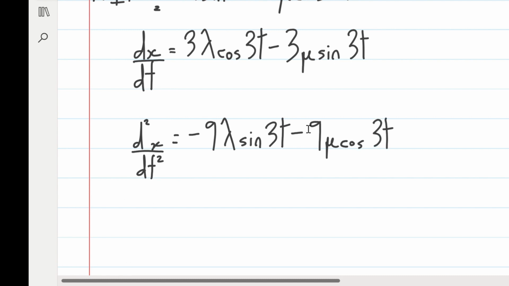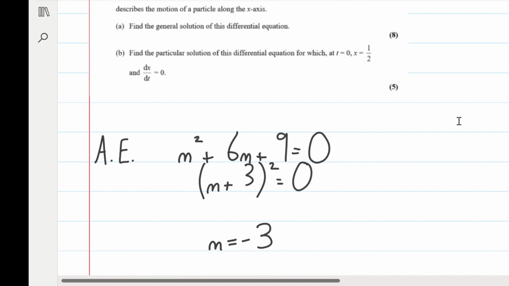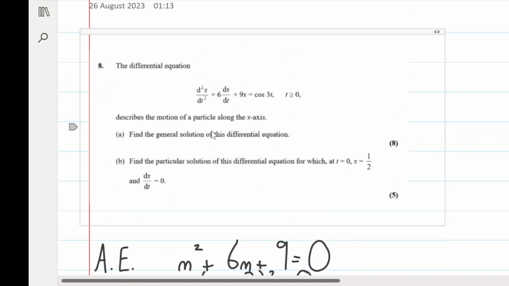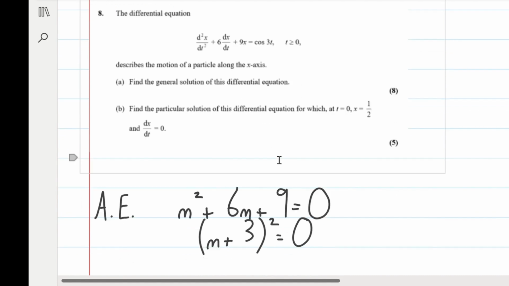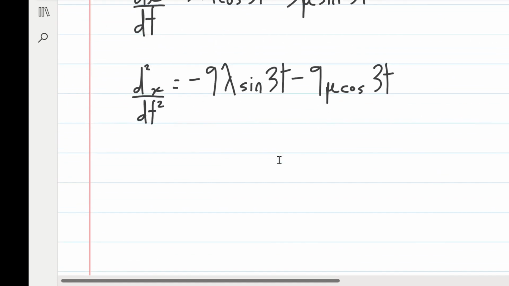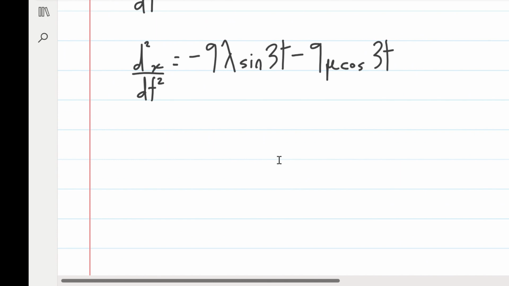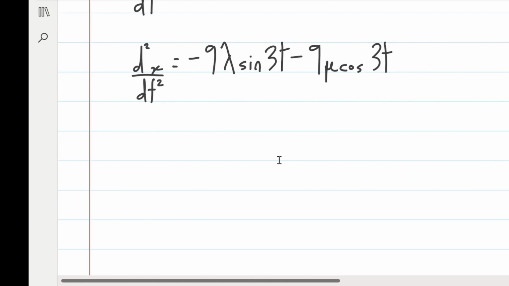So now we have to sub these in, and then we're going to have a left hand side, and then we're going to have it equal to the cosine 3t, and then we're going to solve for lambda and mu. So because it had d squared x by dt squared, we're going to write that first here as minus 9 lambda sine 3t minus 9 mu cosine 3t.